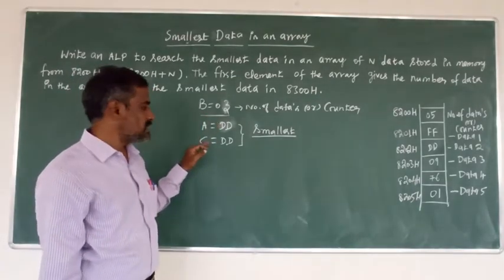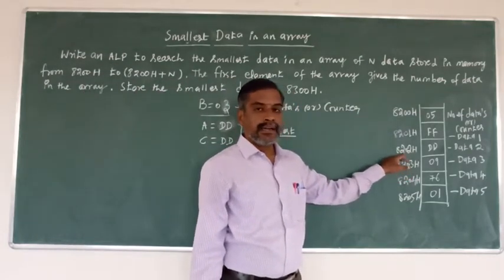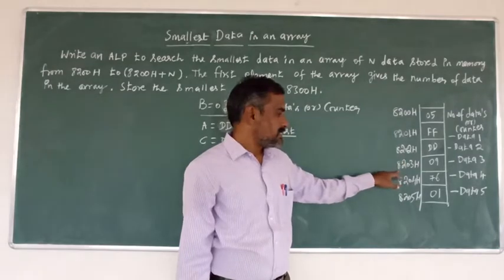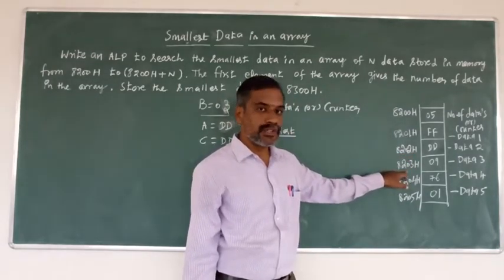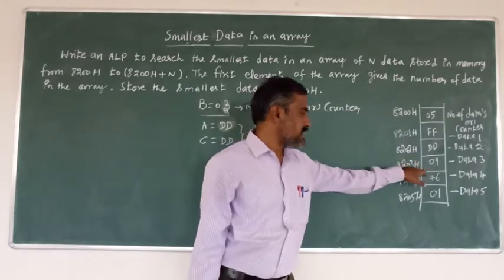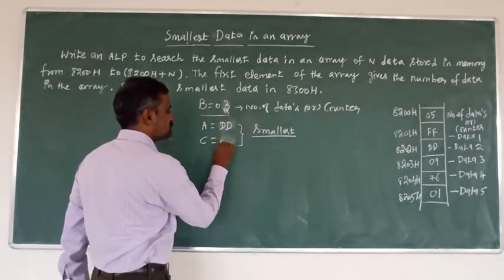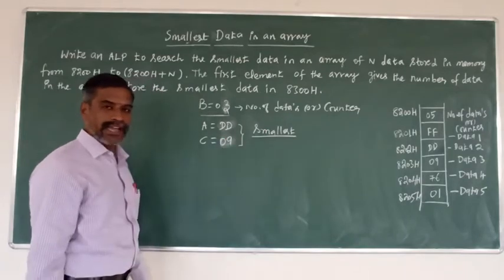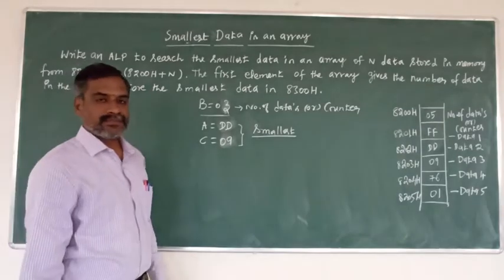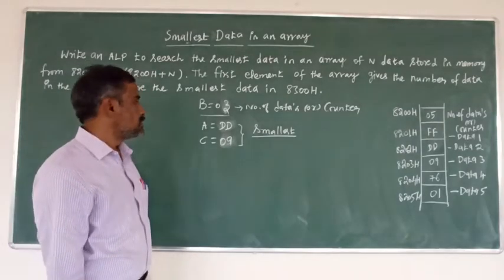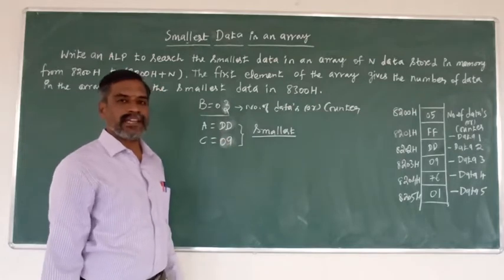Not 0, so again increment the memory address, 8202 to 8203. Now this address location data moves to C register. Now C equals 09. Now compare these two data. Here the carry flag will be reset.